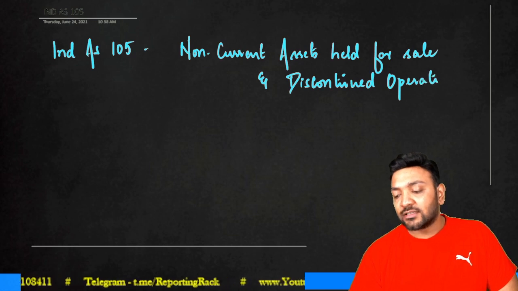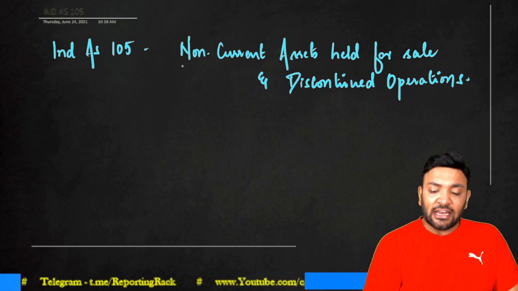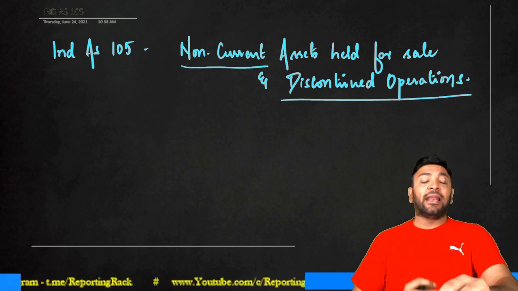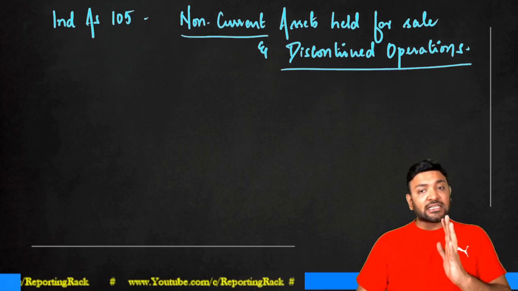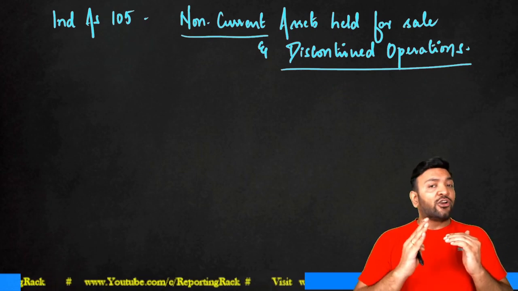Basically we are dealing with non-current assets held for sale and discontinued operations. I'll break this up into parts. First, I will take up only non-current assets held for sale. Then later, subsequently, I will come into discontinued operations.